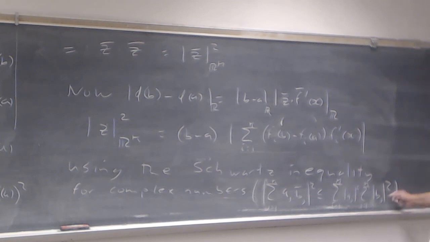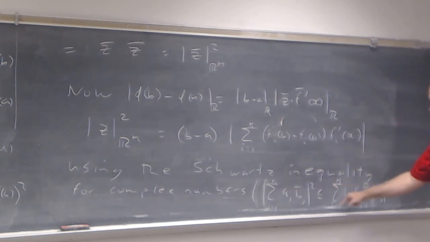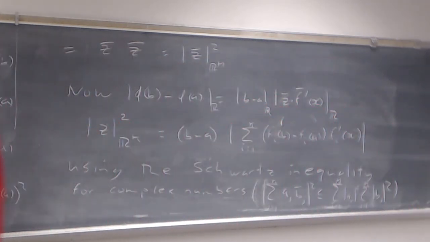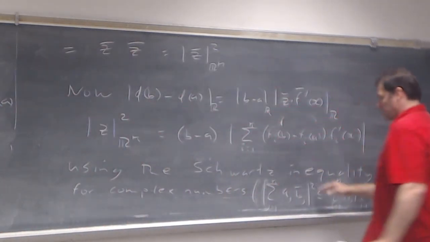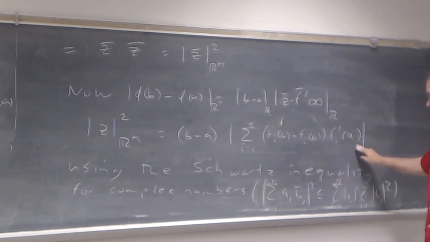Really, that says that if I want to get rid of the square, I take the square root of both parts, and that part right there is going to be just the norm. So we're going to apply that to the summation here. This is like the a, and this is like the b.